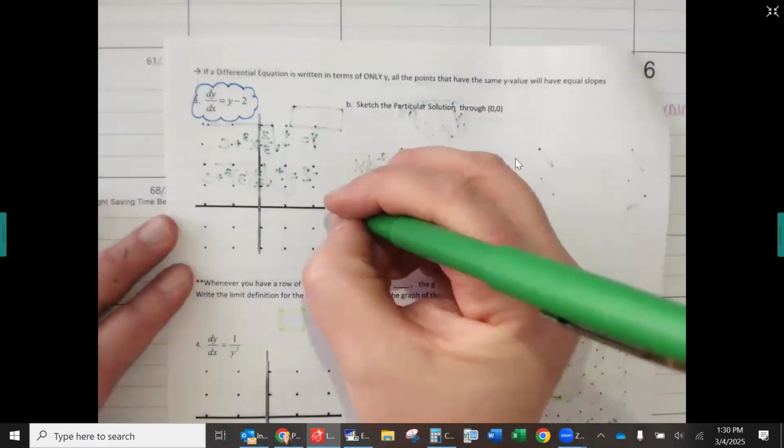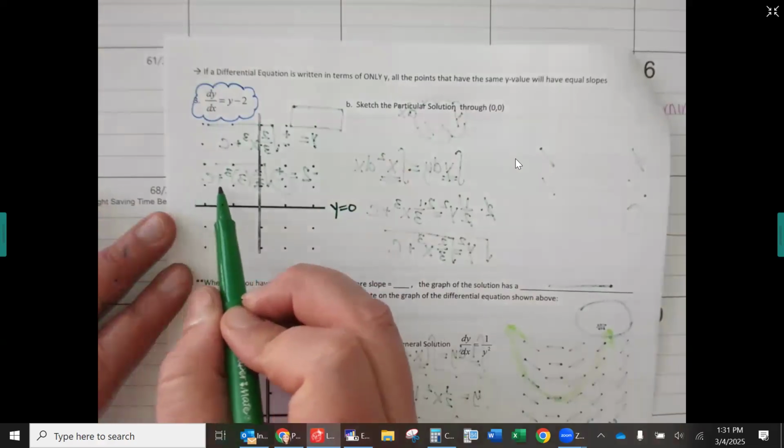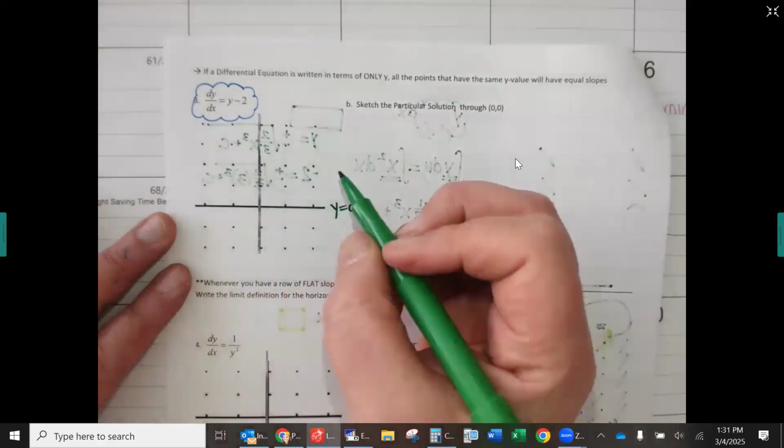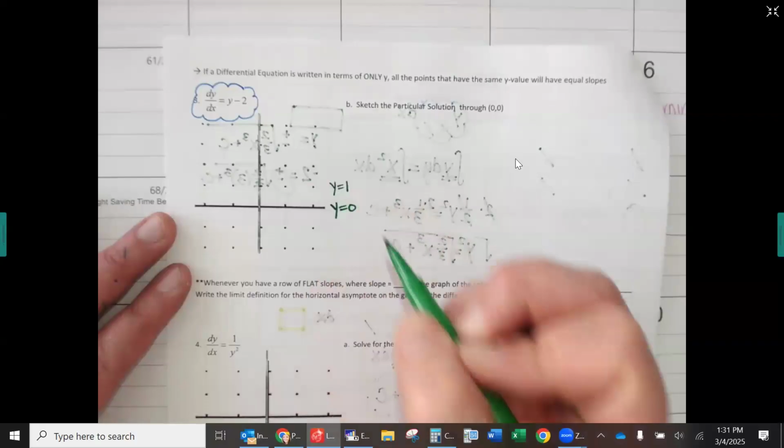So what I mean by that is every point on this row has what y value? Everyone on this row has a y value of 0. What about every single point in this row? What are their y values all? 1.